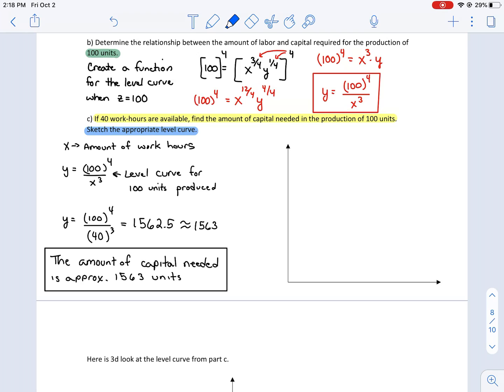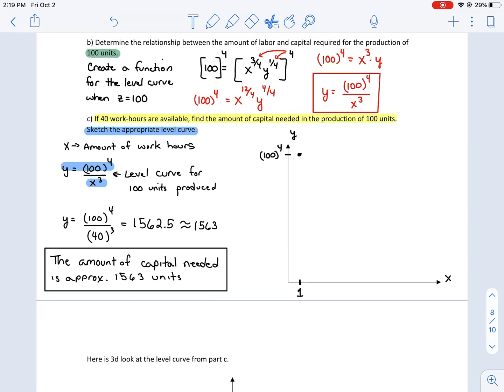now we're going to sketch the appropriate level curve. So the level curve is y is equal to 100 raised to the fourth power divided by x cubed. So the vertical axis is y, and the horizontal axis is x. And we know that when x is 1, if we substitute 1 into this level curve, you're going to get 100 raised to the fourth power.